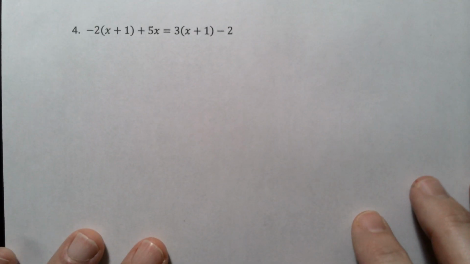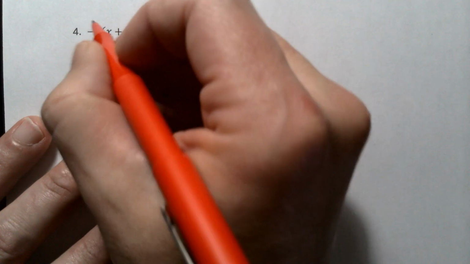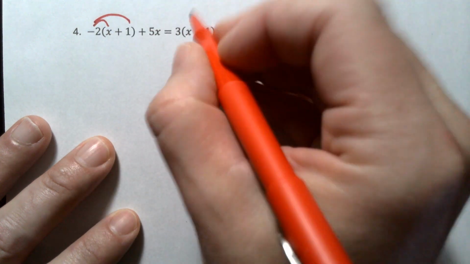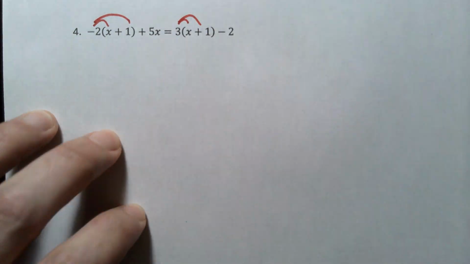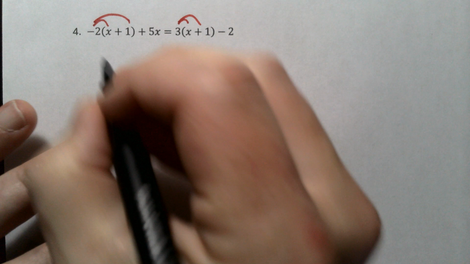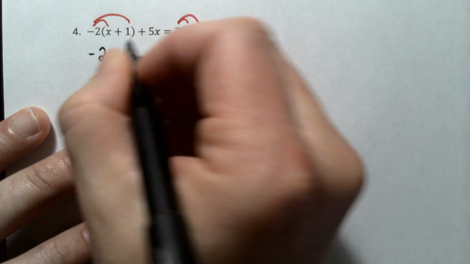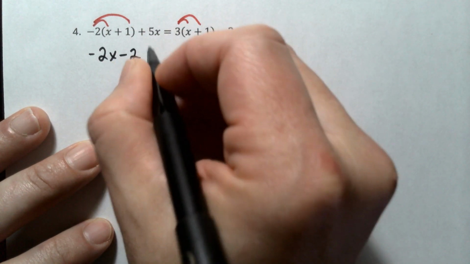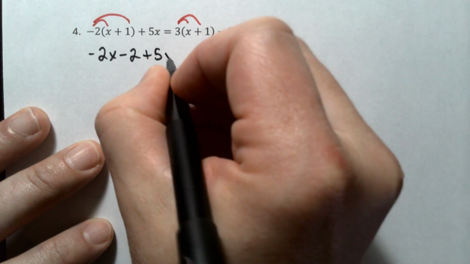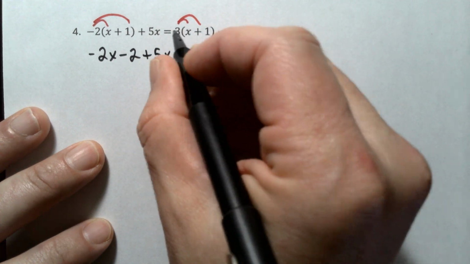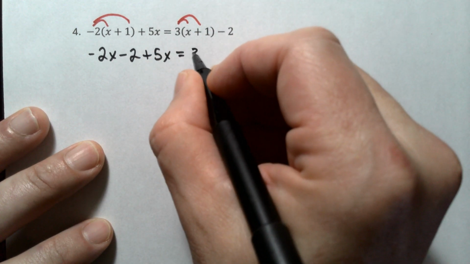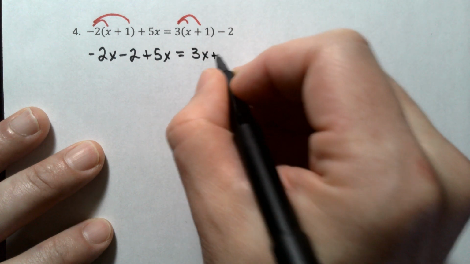Okay, one more problem. So on this one, we want to distribute the negative 2 to this parentheses and the 3 to this parentheses. So negative 2 times x is negative 2x. Negative 2 times 1 is negative 2. Drop down my plus 5x equals, and then let's distribute this 3. 3 times x is 3x. 3 times 1 is 3.